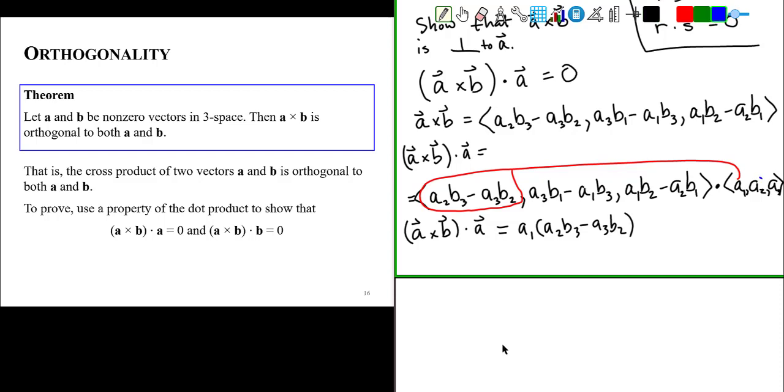Then we have the y component. When we evaluate the y component, that will be A2 times the quantity A3B1 minus A1B3, and then the z component.